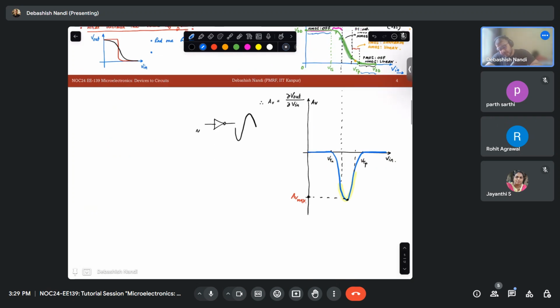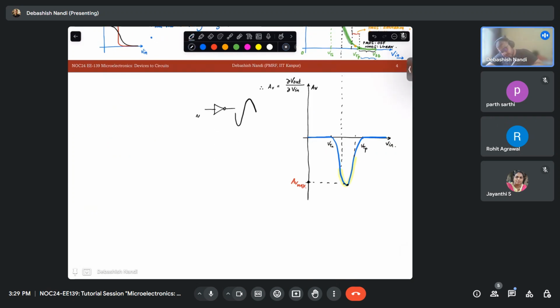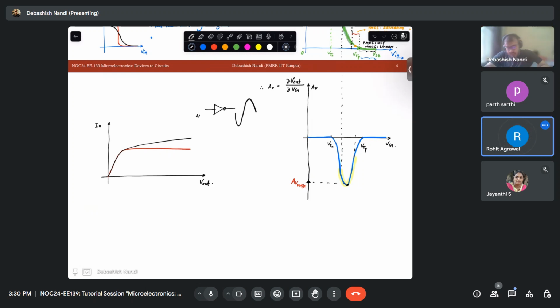Maybe it is not so easy to see for you. Let's say this is your I naught, this is your V out. Let me give you two scenarios. The red one is a curve something like this, and the black one is something like this. So what is the difference?